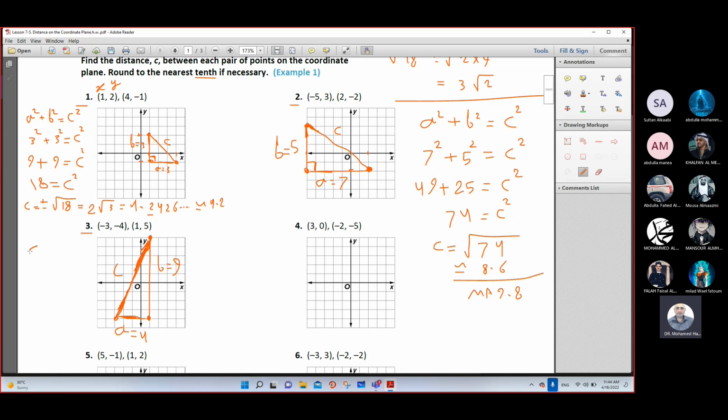Okay. A squared plus B squared equal C squared. So A equal 4. 4 squared means 16. Plus B squared, 9 squared means 81, equals C squared. Then you can add.